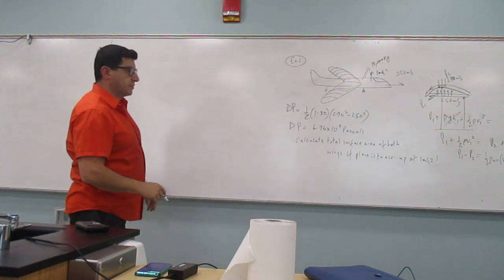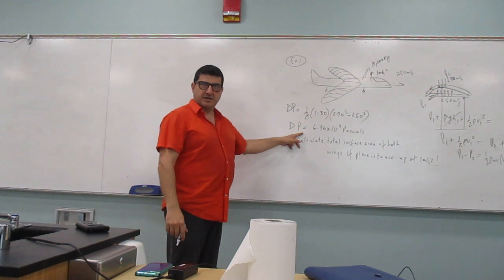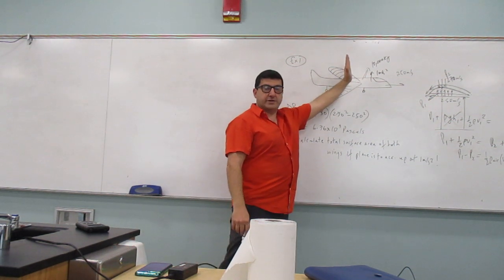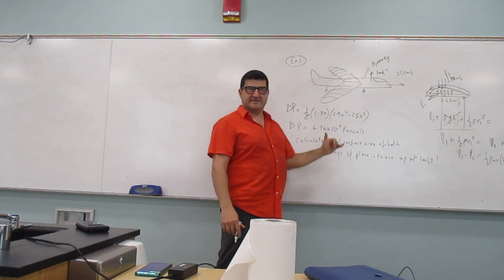Let's see. So then how are we going to set that? Well, remember, pressure is force over area, right? So the delta F, the change of force over the wings of the plane, is going to be delta P times A, right?